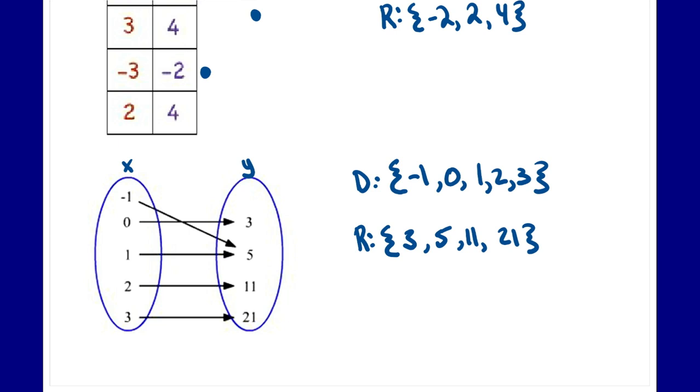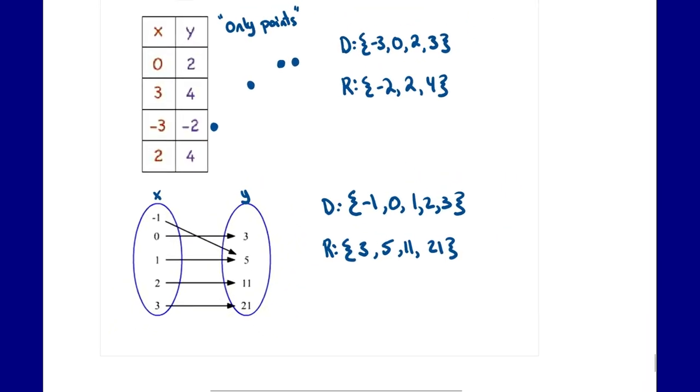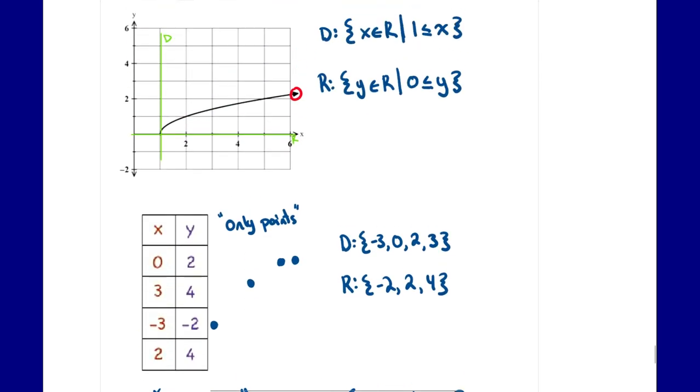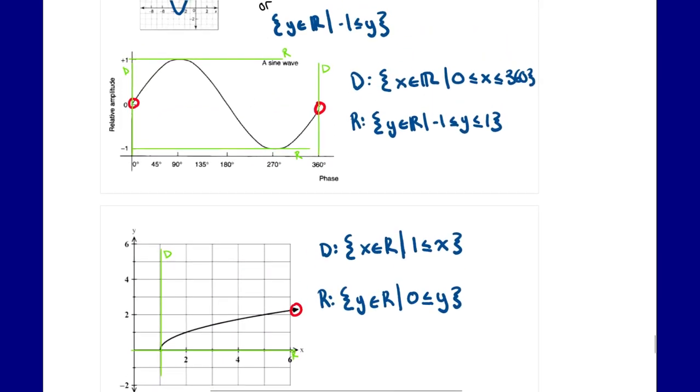It doesn't matter if it's a relation or a function. It's just what are the possible values. So the whole thing that we looked at in the previous lesson, whether it's a function or not, does not apply to domain and range. You can do the domain and range for a function, and you can do the domain and range for a relation that is not a function. The main thing is that if you're looking at a graph, we have a specific format to follow.